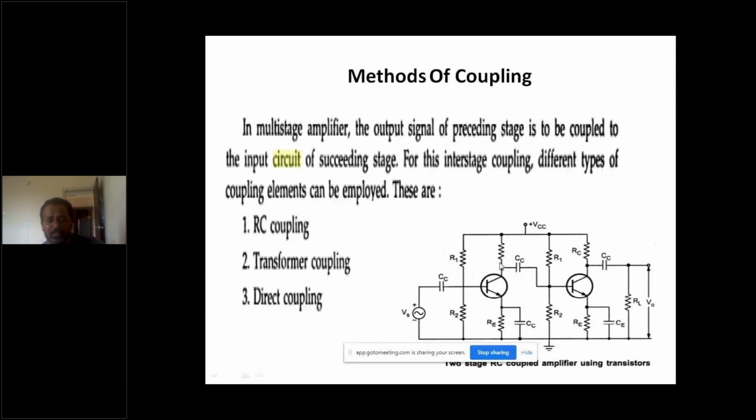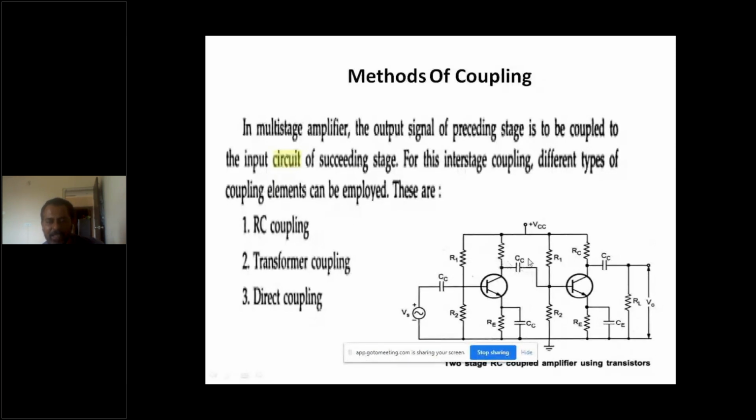So anyhow, the CE has 50 kilo ohms as output resistance. The CE has 1 kilo ohm as input resistance. So with RC coupling, my problem is I may lose some part of the signal because of impedance mismatch. In order to provide impedance matching, sometimes instead of RC coupling, you can go for transformer coupling, where I can keep a transformer here, primary here, secondary here.